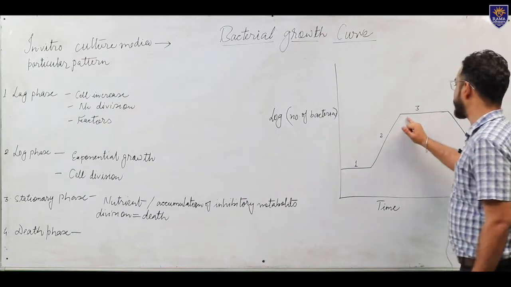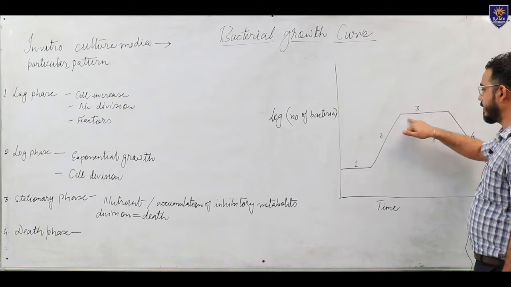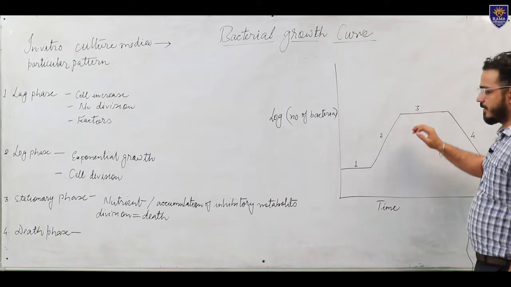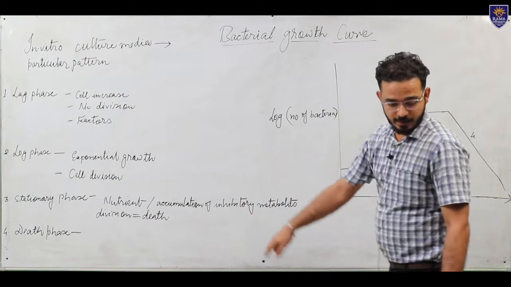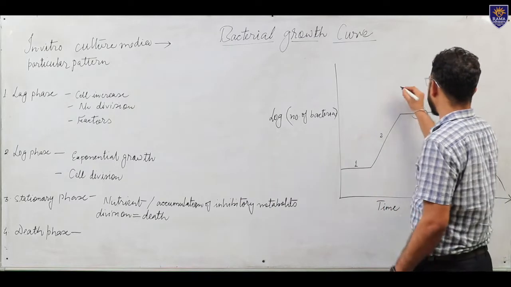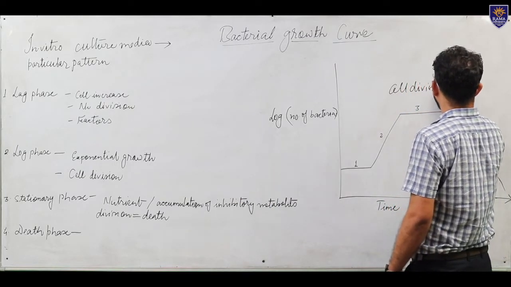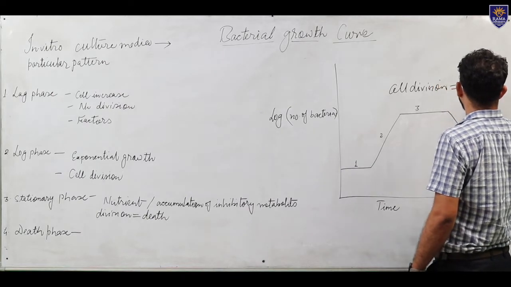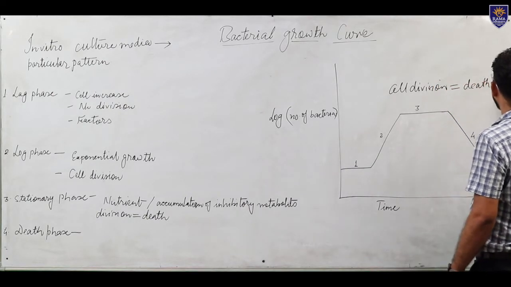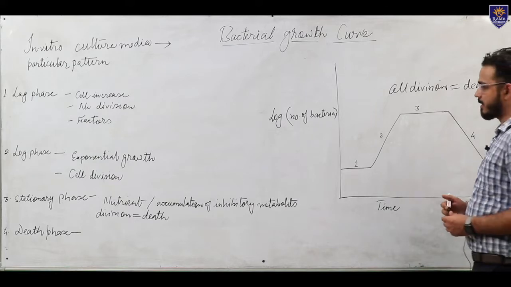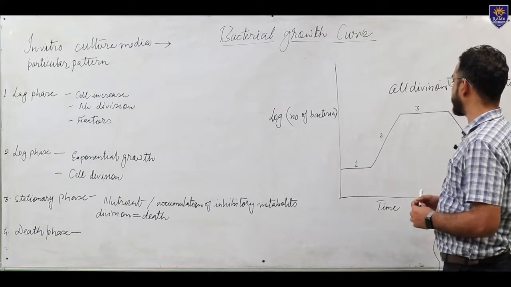What happens in this phase? The growth rate, meaning the rate of cell division, is equal to the death rate of the bacterial cells. That is why it is called the stationary phase.